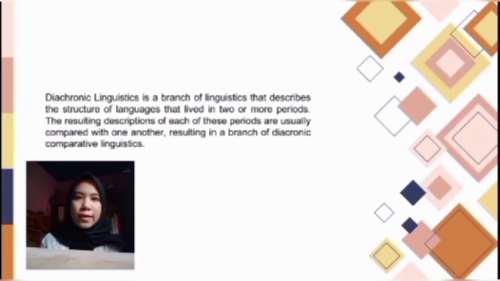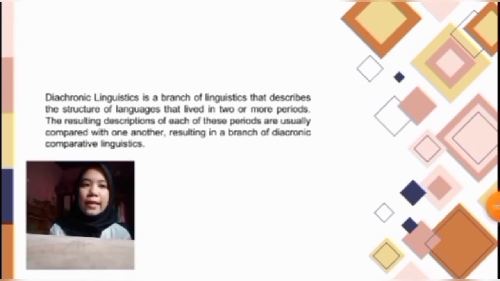I will explain about diachronic psycholinguistics. Diachronic linguistics is a branch of linguistics that describes the structure of language that lives in two or more periods. The resulting description of each of these periods is usually compared with one another, resulting in a branch of diachronic comparative linguistics.